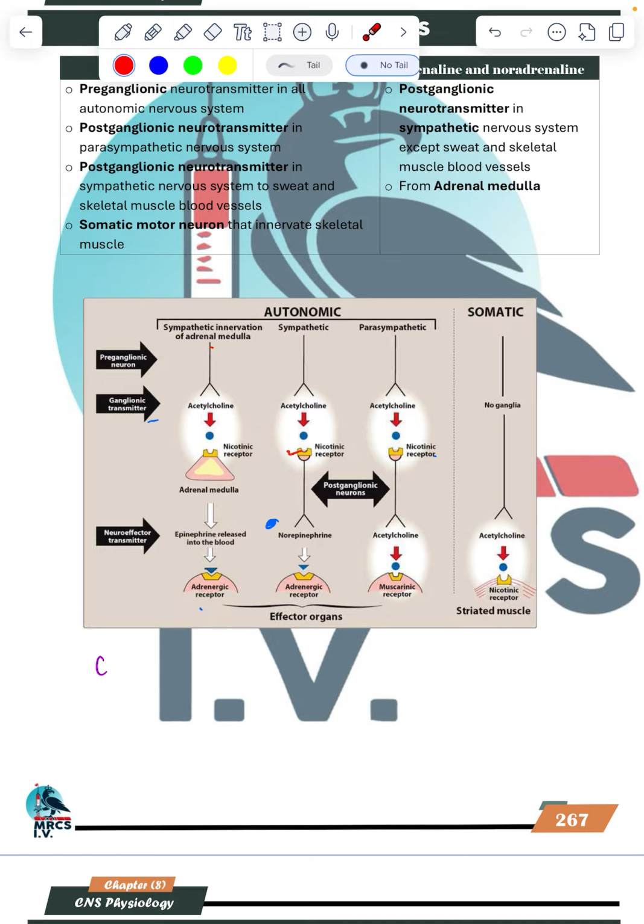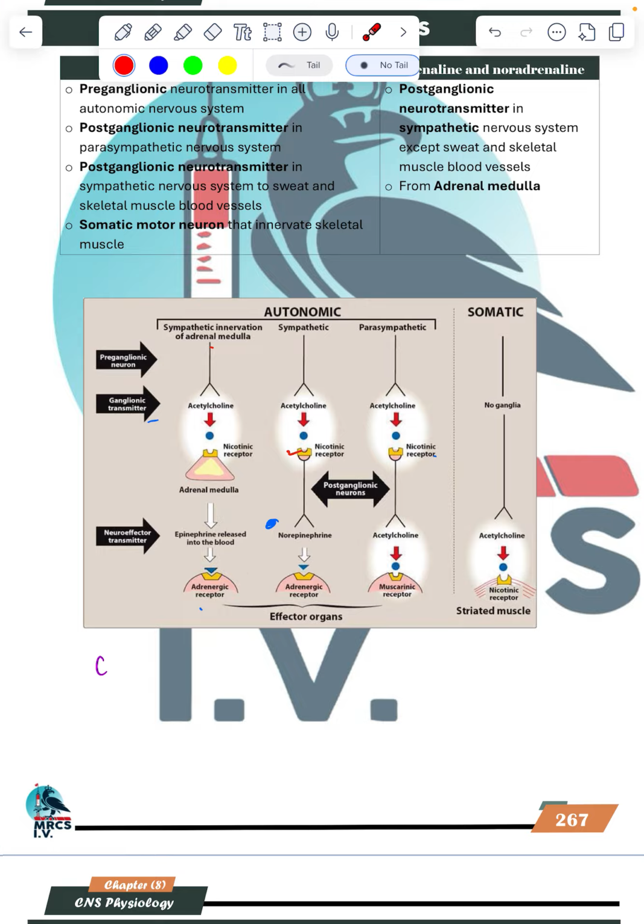The peculiarity of the parasympathetic is that the preganglionic neurotransmitter is acetylcholine, the postganglionic neurotransmitter is acetylcholine, and the receptor is muscarinic. In the sympathetic, preganglionic is acetylcholine, postganglionic is norepinephrine, and the receptor is adrenergic. In the sympathetic adrenal medulla, preganglionic is acetylcholine, the receptor is nicotinic, and the postganglionic is adrenaline, epinephrine.